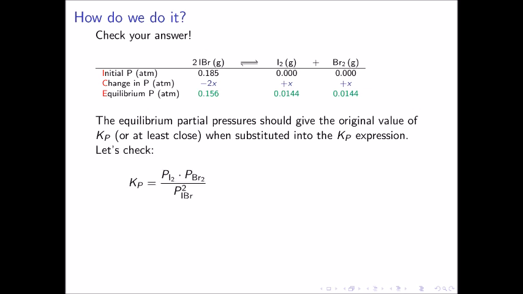Recall that our Kp expression has the partial pressure of I2 times the partial pressure of Br2 in the numerator, and the partial pressure of IBr squared in the denominator. We can then substitute our equilibrium partial pressures into this expression and calculate. We find that the value is 8.52 times 10 to the negative 3 as expected.